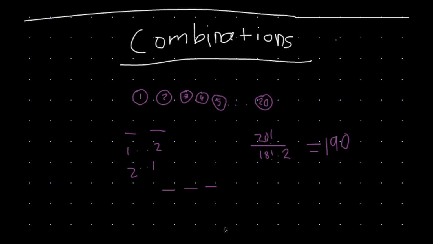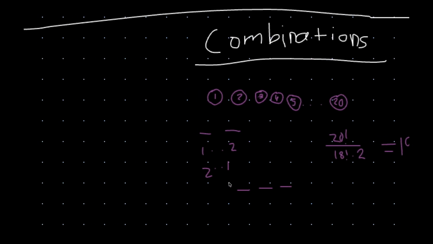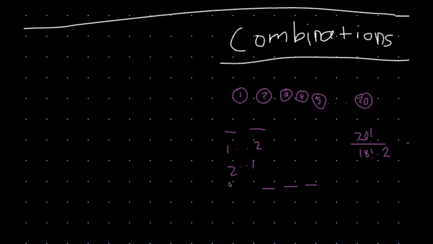So how would you do this? So this calls for the combination formula. Since it's a little bit more complicated, and you can't just say 1, 2, 2, 1. That's 2 combinations, so you just divide by 2. So you'd use the combination formula.